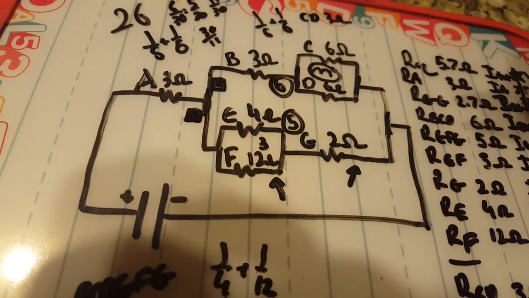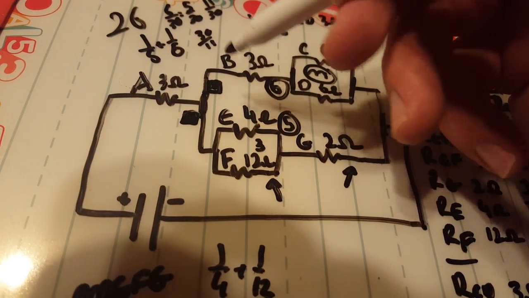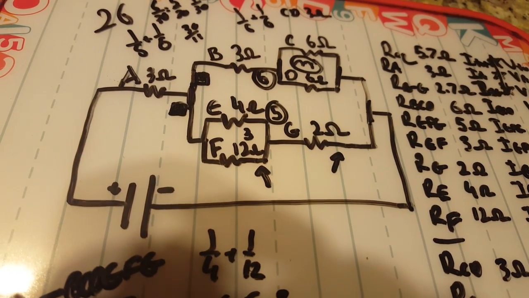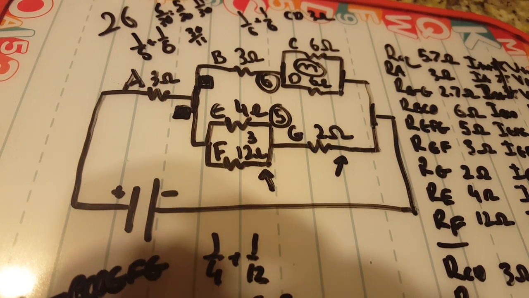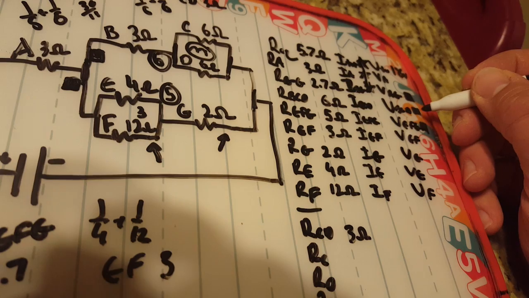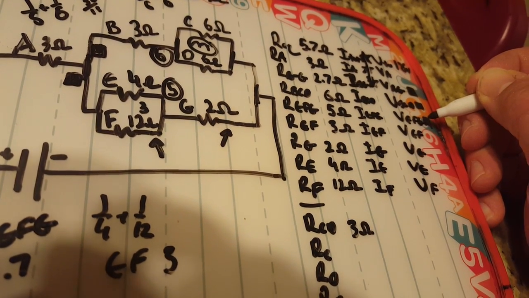Those are going to be the same by rule in a parallel. Off the screen, sorry. Voltage B through G is the same as voltage BCD and voltage EFG.